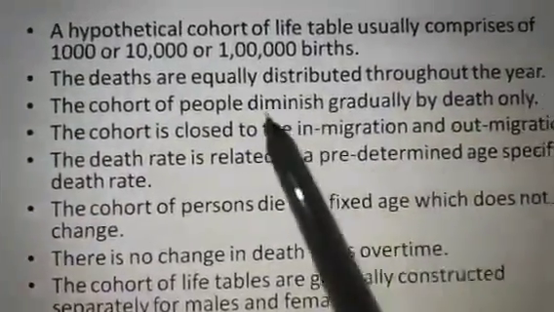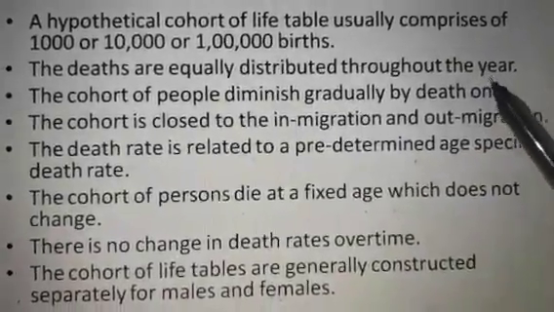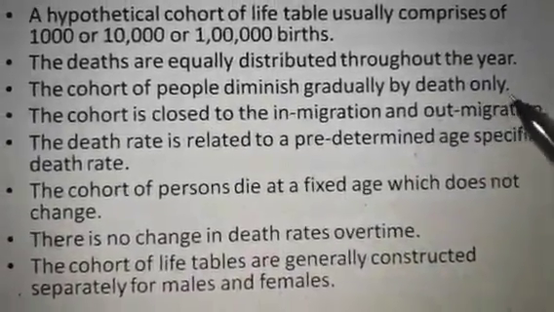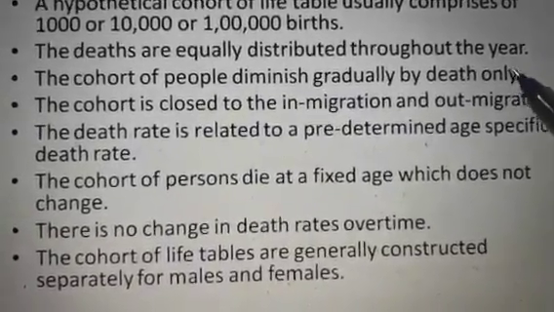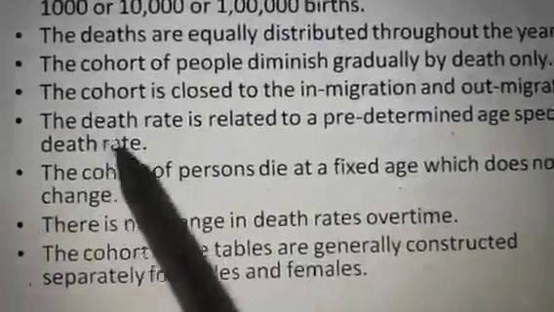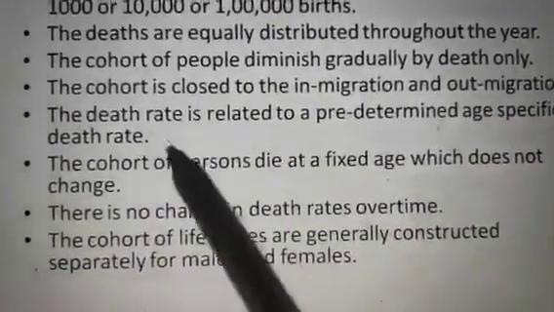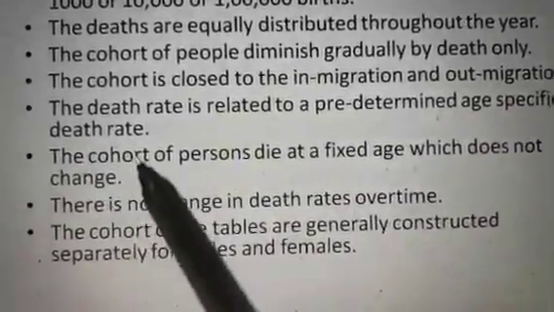Okay. And then the deaths are equally distributed throughout the year. This is an assumption. The cohort of people diminishes gradually by death only. This is also an assumption. You cannot deny this assumption. The cohort is closed to in-migration and out-migration. The death rate is related to a predetermined age-specific death rate.